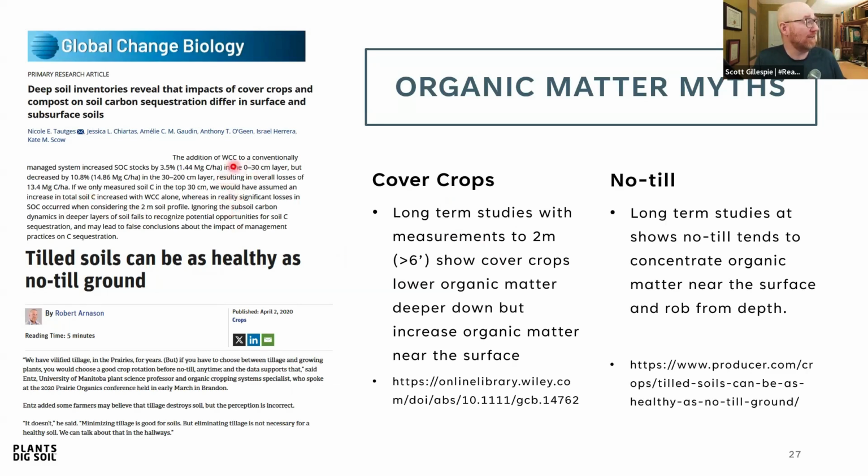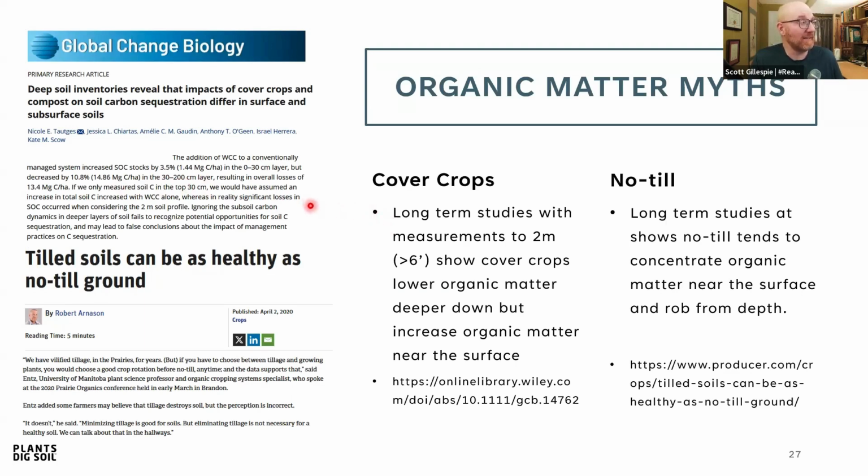In this here, the addition of winter cover crops to a conventionally managed system increased the soil carbon in the surface layers, the top 1 foot, 30 centimeters, but it decreased it deeper down. They were just as confused as everybody else, but they said they're reporting the data.